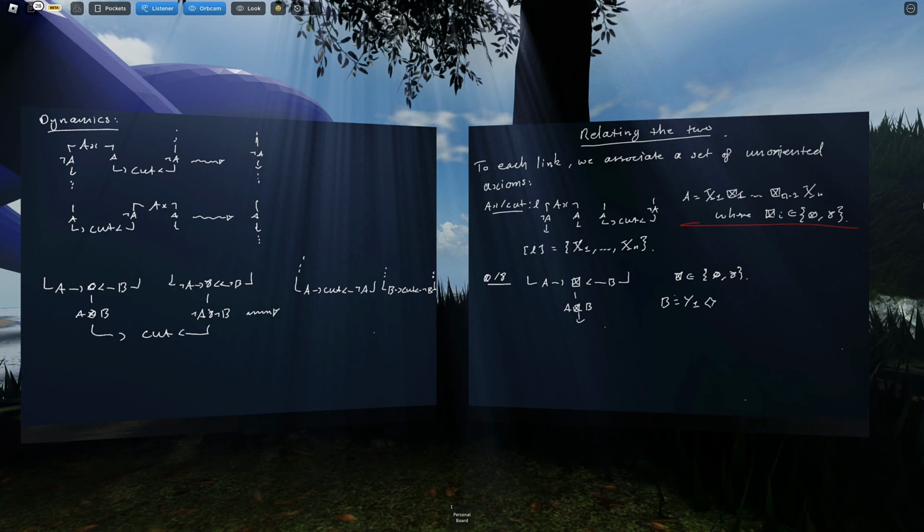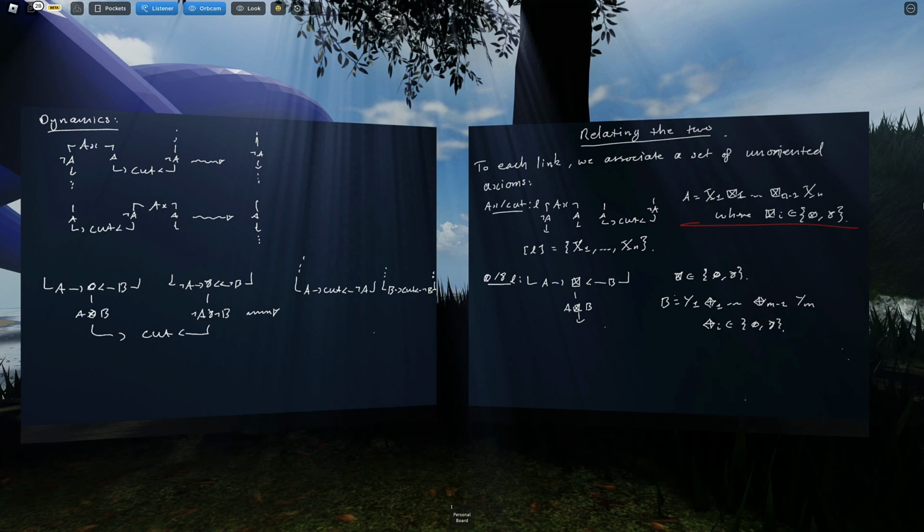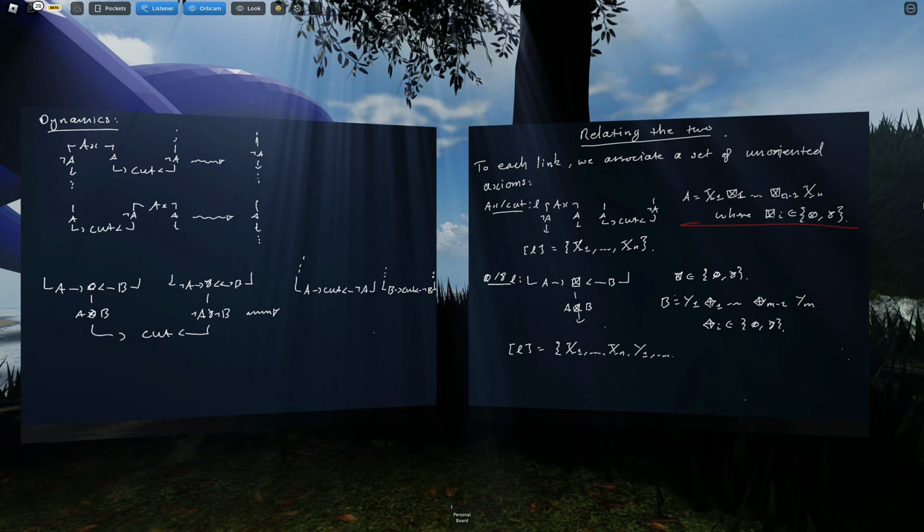So Y1 diamond 1 dot dot dot diamond M minus 1 Y M, where diamond i is either tensor or par, right? And then if this link is labeled L, then box L is going to be the set of all the formulas in A and all the formulas in B.